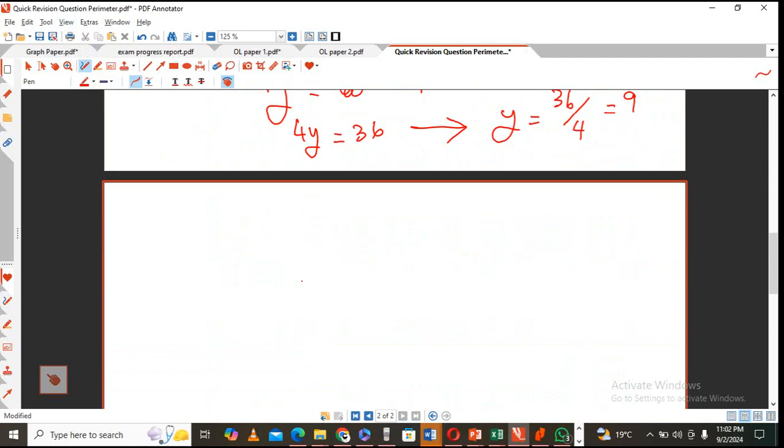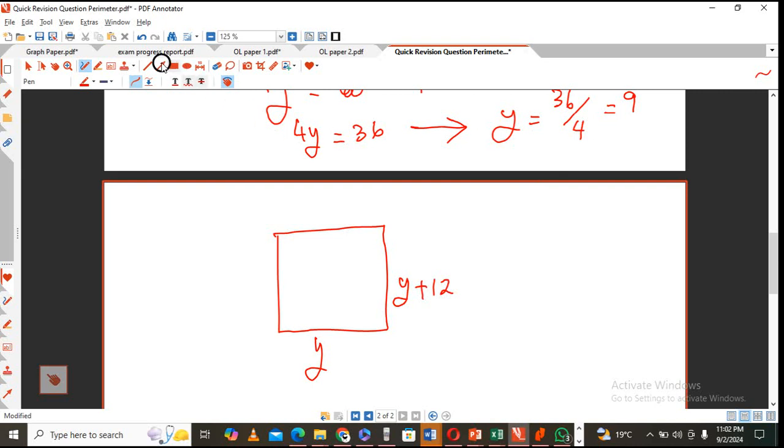So if I look at my original rectangle, remember, we said that is y, and we said that is y plus 12.